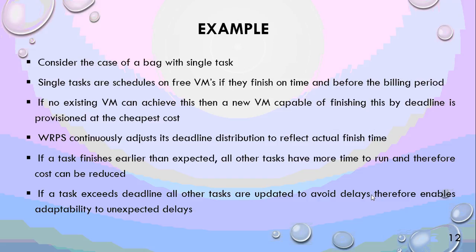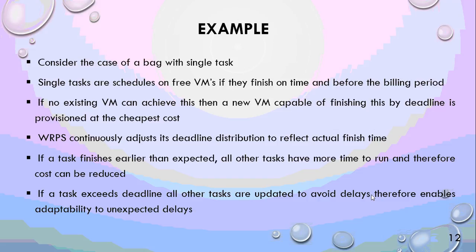So suppose you have two bags with two single tasks and this virtual machine can execute one of them, and suppose it completes before the deadline and the remaining time is enough for the next task to run, then without having to lease another virtual machine, you can use the existing virtual machine.